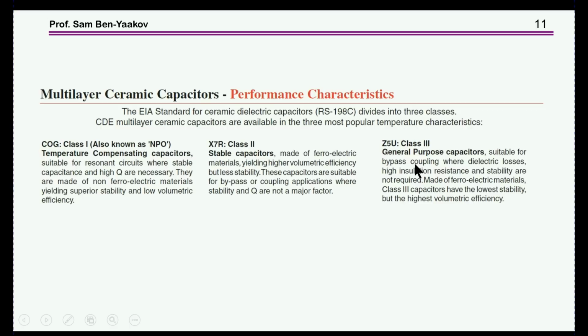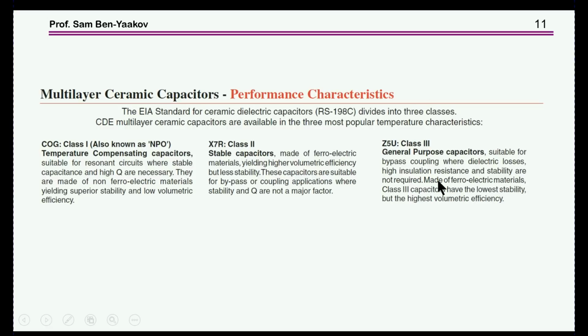It has somewhat larger dielectric constant, so it can make even smaller capacitors, but temperature-wise, stability, and voltage dependence, it's worse. So if you go to eBay and buy ceramic capacitors, that's probably what you'll get, okay?